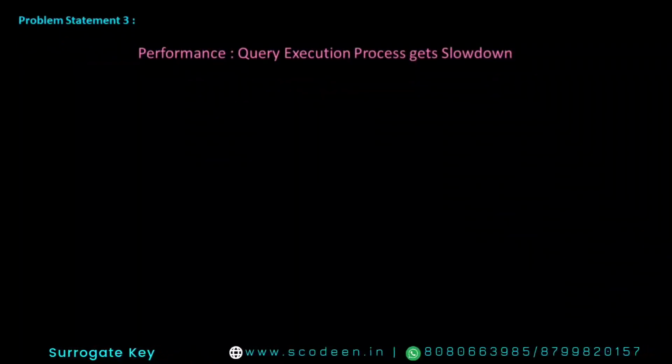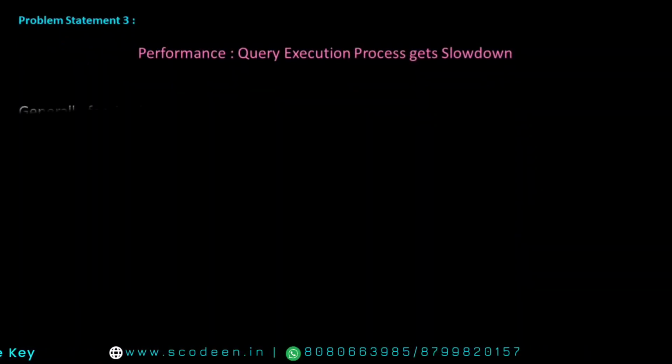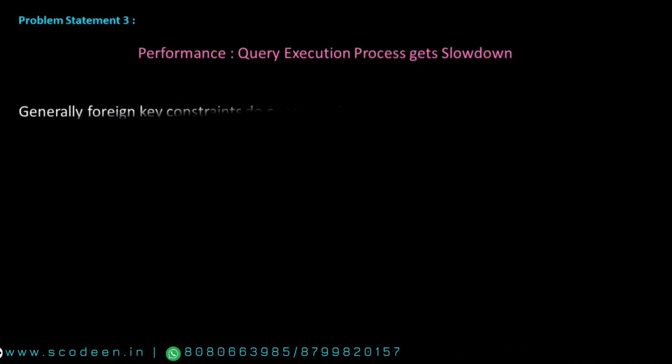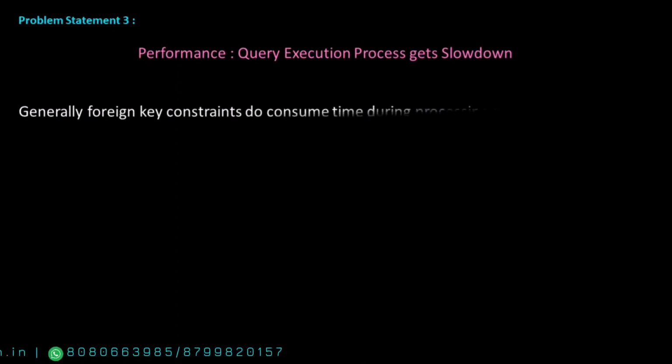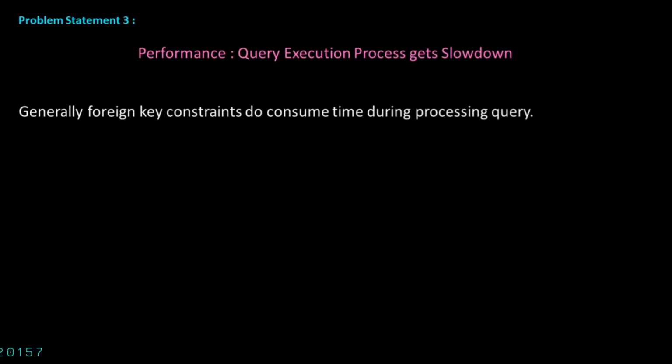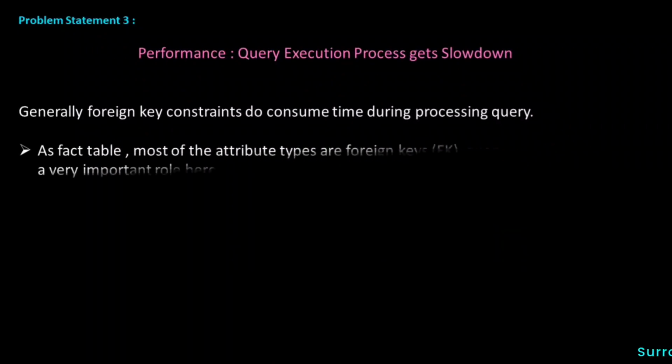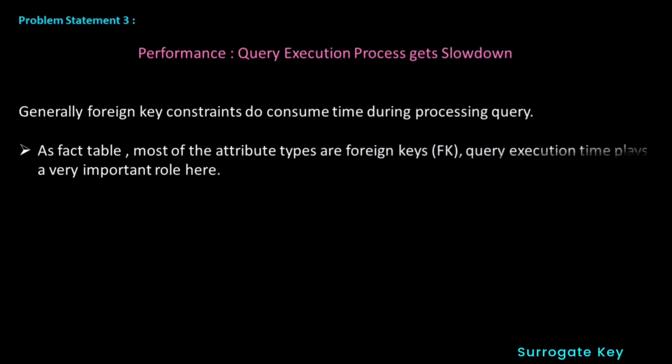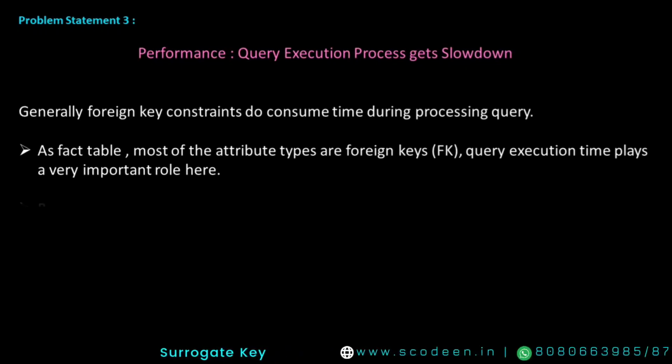Let's understand problem statement 3, that is performance, which is very important problem statement. That is nothing but query execution process gets slowed down. Generally what happened, foreign key constraint takes time during processing the query. So in fact table, most of the attribute types are foreign keys. Hence, query execution time plays a very important role here.